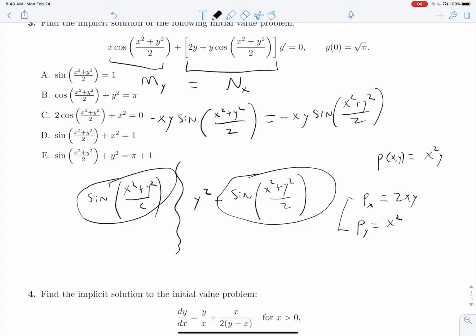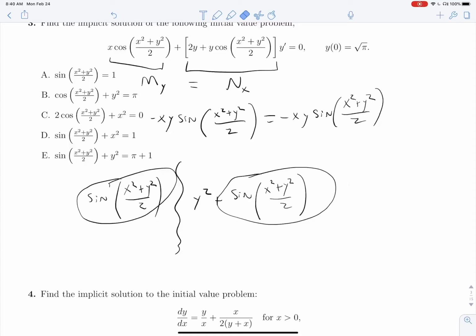If we had both of these and we were trying to find the function that they came from, taking an integral for P_x, well, both of these integrated will give us x squared y. But then if we add them together, we would get 2x squared y, which is clearly not what our original function was.